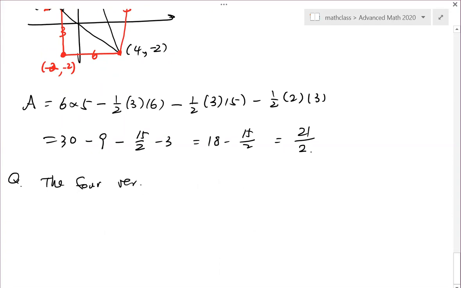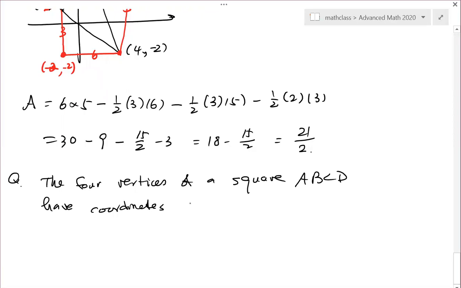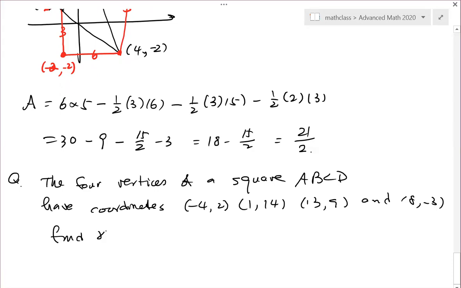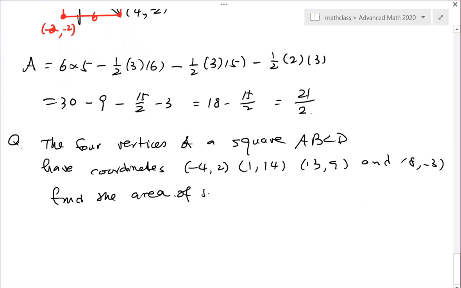The vertices of square A, B, C, D have coordinates -4 and 2, 1 and 14, 13 and 9, and 8, -3. Find the area of the square.